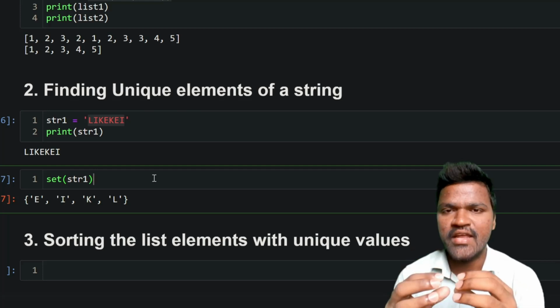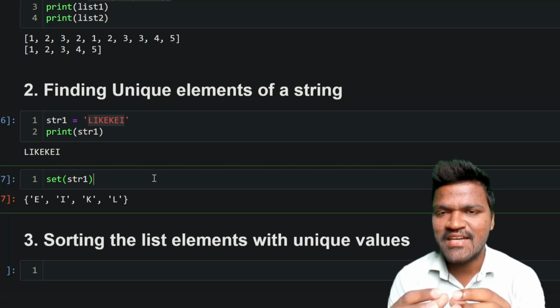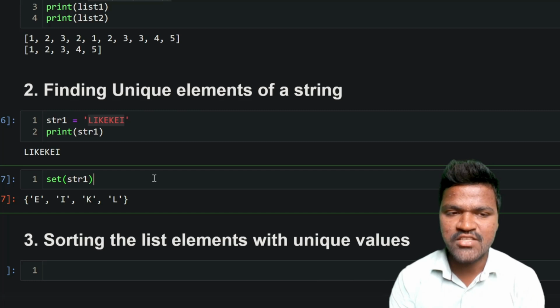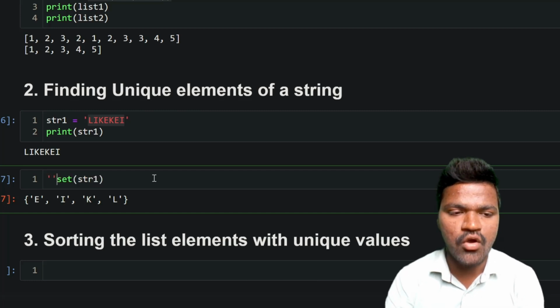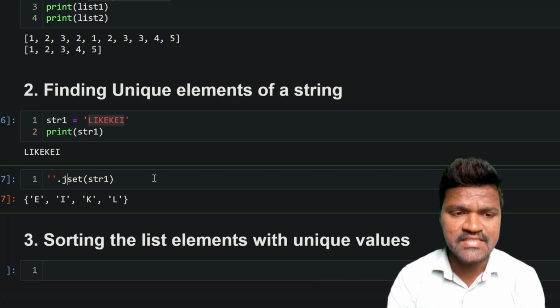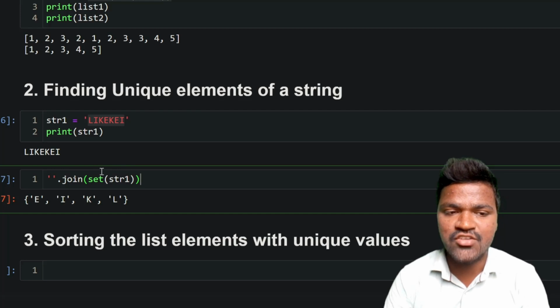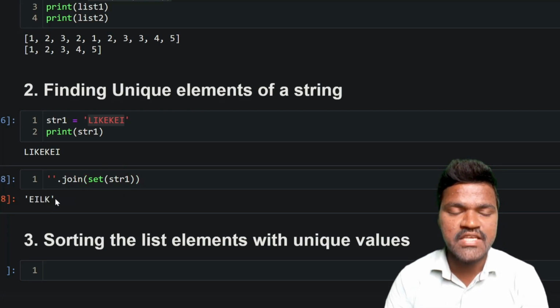By using join, we can join all the characters of an iterable. So let us see how we can join all of these characters here. I am using this join, and I am passing the resulting set to this join.